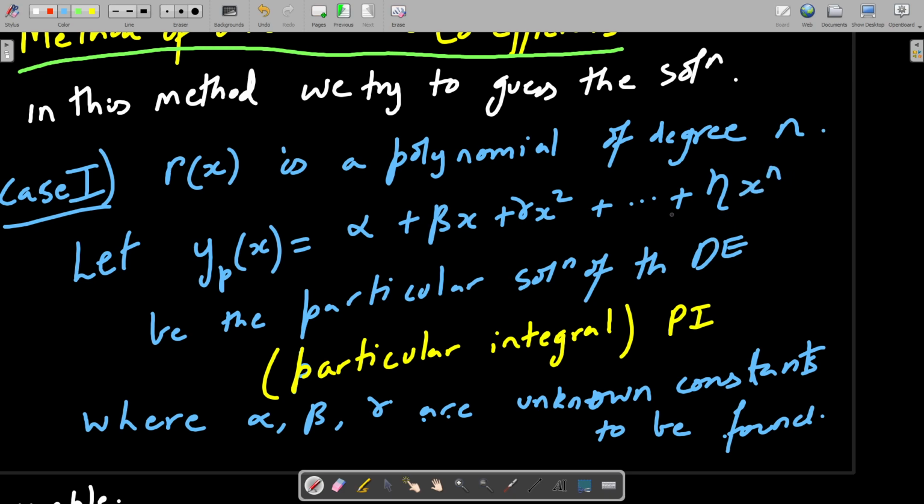I wrote it up till x square by mistake. It has to be written up to degree n. Some alphabet we will put, I have written eta over here.